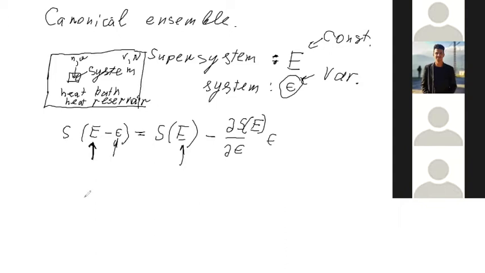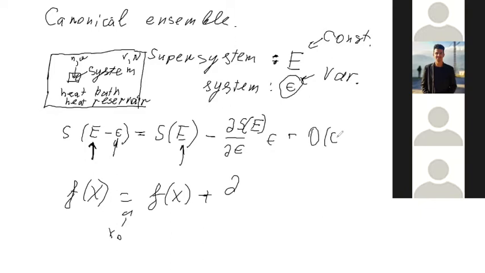Because when you have a function of x, let's recall the function of x expanded about point x naught. It is f of x minus x naught plus the derivative df/dx evaluated at x naught times x minus x naught. I will omit all terms which go as the order of epsilon squared.